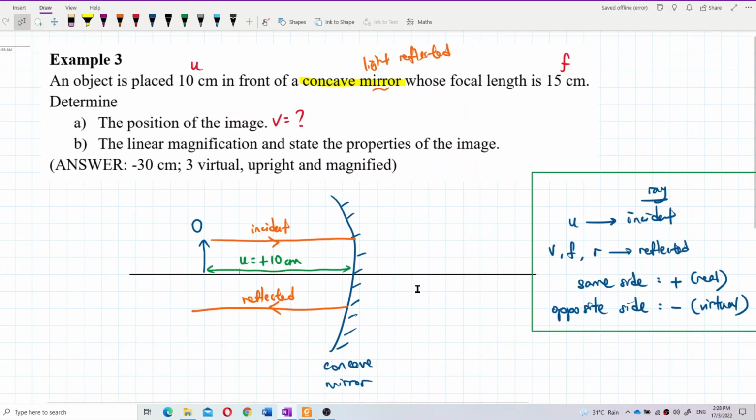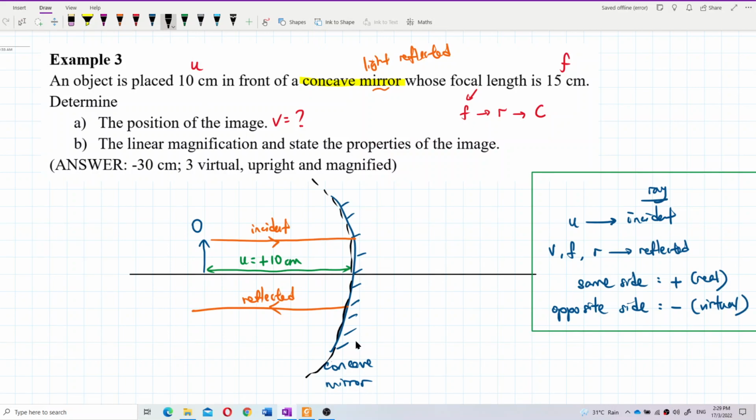Go back to that question. We can take this as the focal length; the focal length also refers to the radius, the center of curvature. Look at this surface of the concave mirror. Where is the center of curvature?